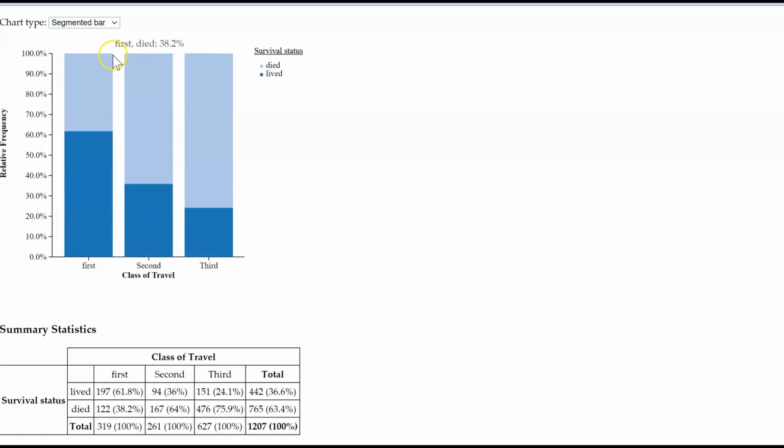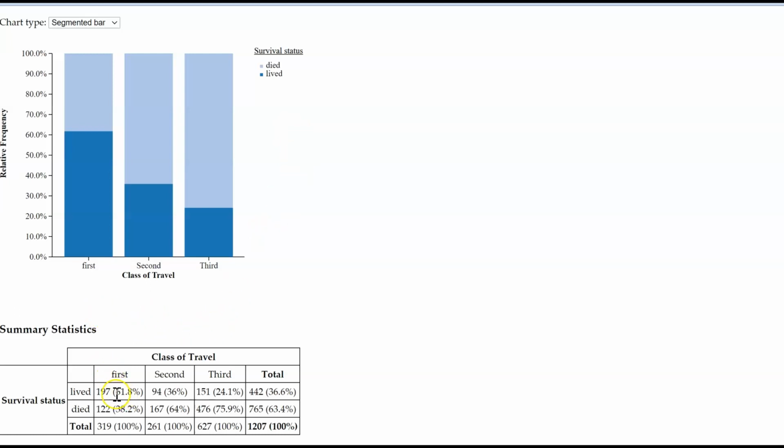You're going to make 3 rectangles of equal width and equal height. So for those that lived, we're going to shade that in dark blue. Those who died, we're going to shade that in light blue, but you can change the colors. You don't have to use those colors.